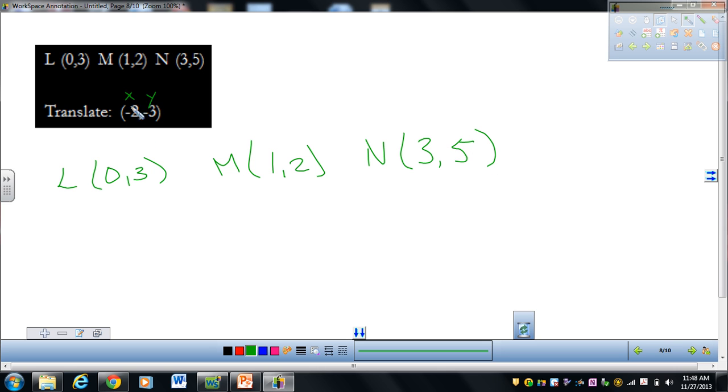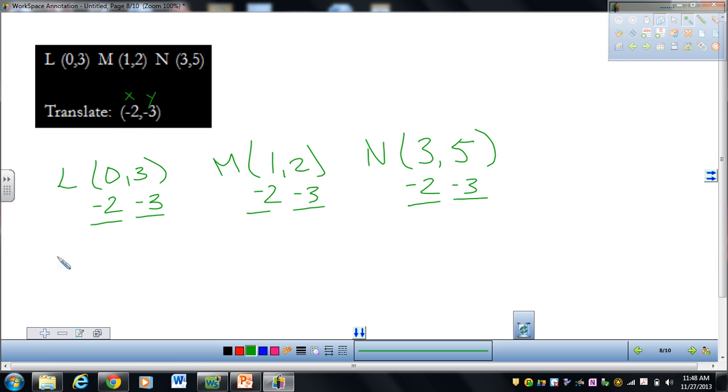It tells me to subtract 2 from x, so I subtract 2 from all of my x values, and I know that the x value is first because x comes before y in the alphabet, and it tells me to subtract 3 from my y values, and I know that y is the second number in my point because y comes after x in the alphabet.